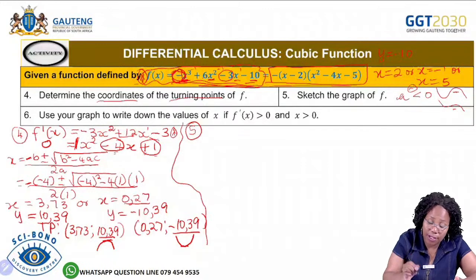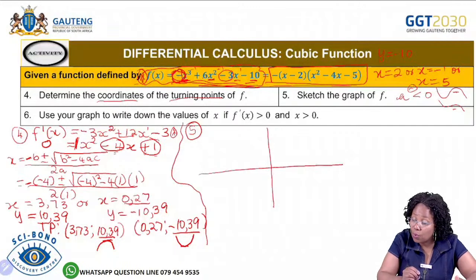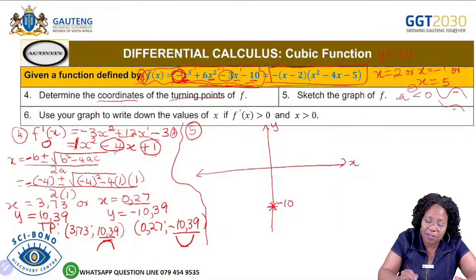Now let's draw the graph. Right. You need your y-intercept. Remember we said y is equal to what? Minus 10. Because it's an intercept, it must be on your y-line. Because it's a y-intercept, it must cut the y-line.